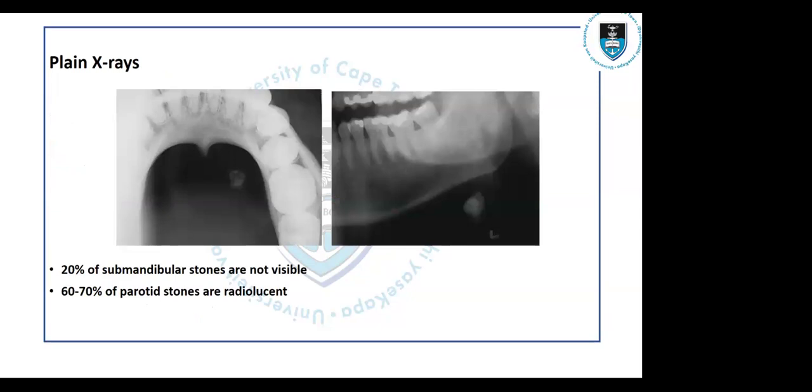In the first picture, we can see a calculus within the duct, and in the picture on the right, we can see a calculus within the submandibular gland. Note that plain X-rays have less value with parotid stones because of the higher percentage of about 60 to 70% of radiolucent stones.